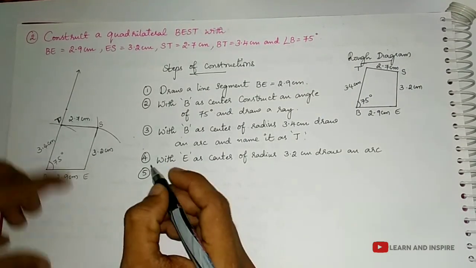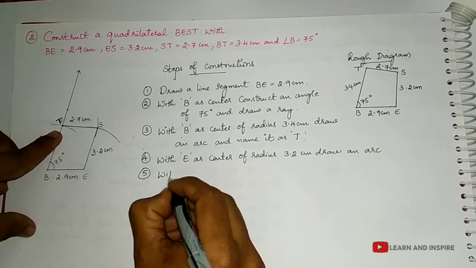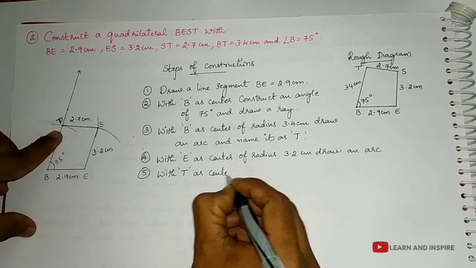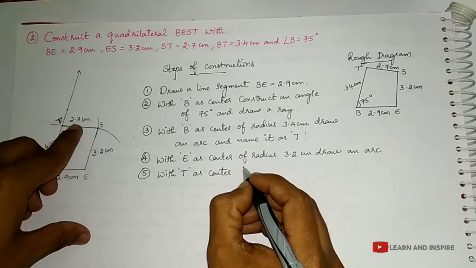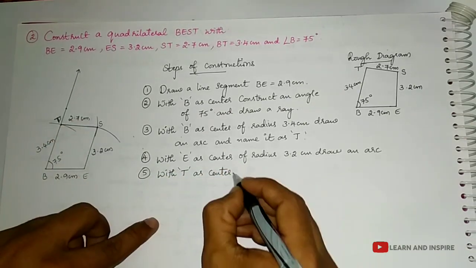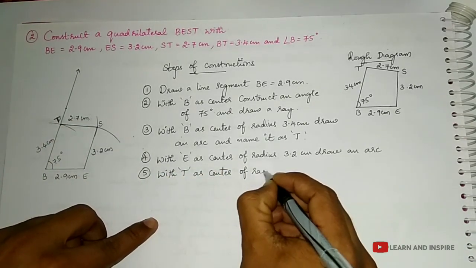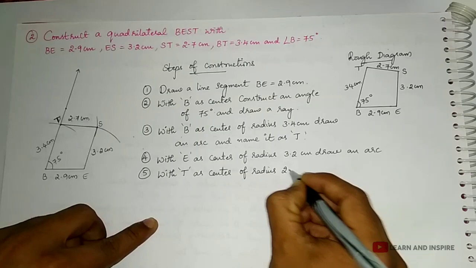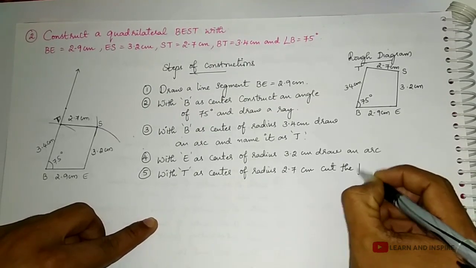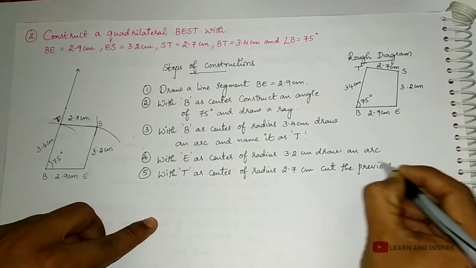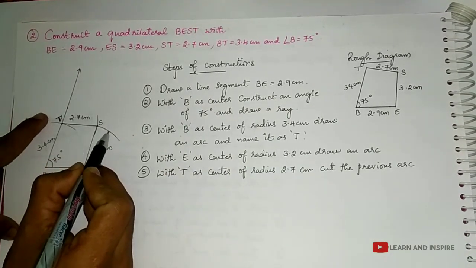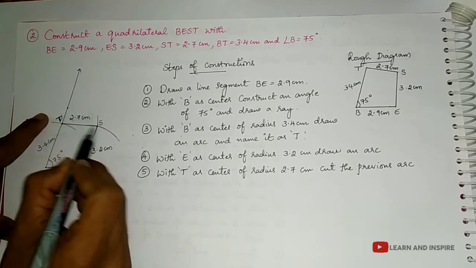And step 5, with T as center, radius how many centimeters? 2.7 centimeters. So with T as center of radius 2.7 centimeters, cut the previous arc. Okay, so here we have cut the previous arc, and you can see the two intersecting arcs.